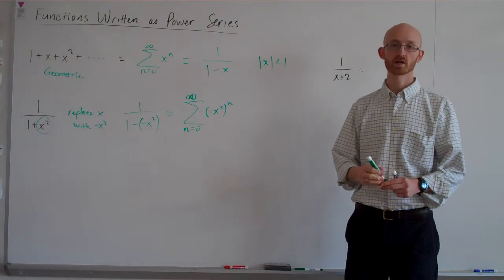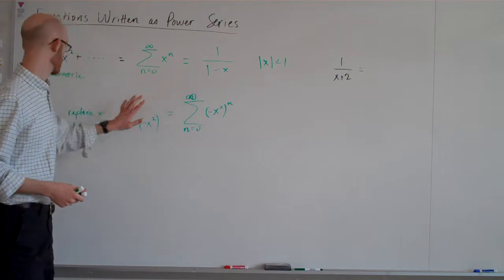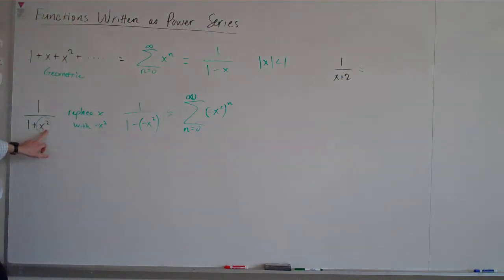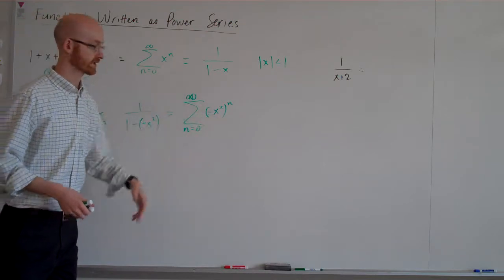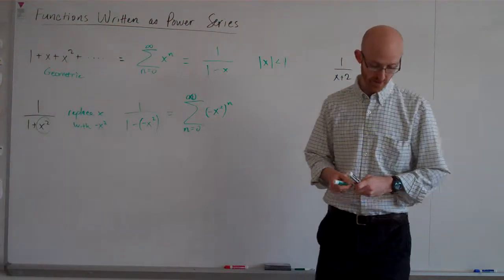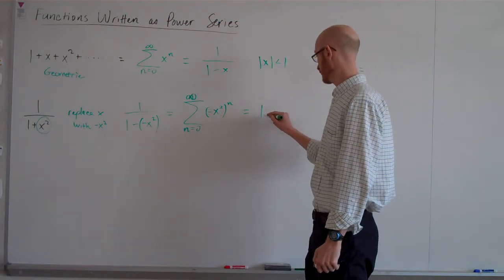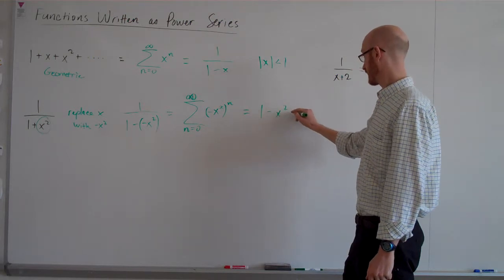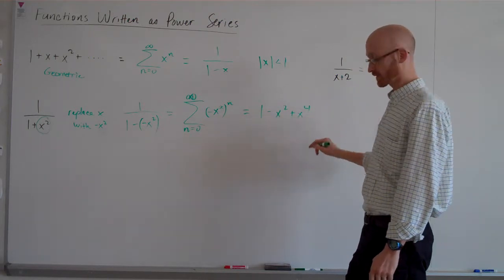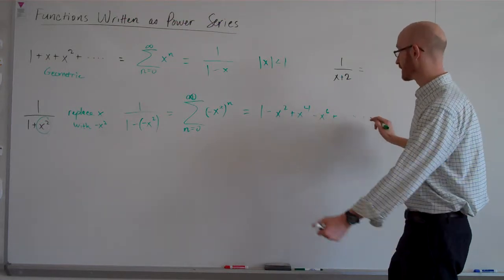Just remember your basic ideas of functions, right? If this is a function of x, and I've replaced x with negative x squared, then all I have to do is replace x with negative x squared. And now that series, when you write it out, will equal 1 minus x squared plus x to the fourth and then minus x to the sixth, etc.